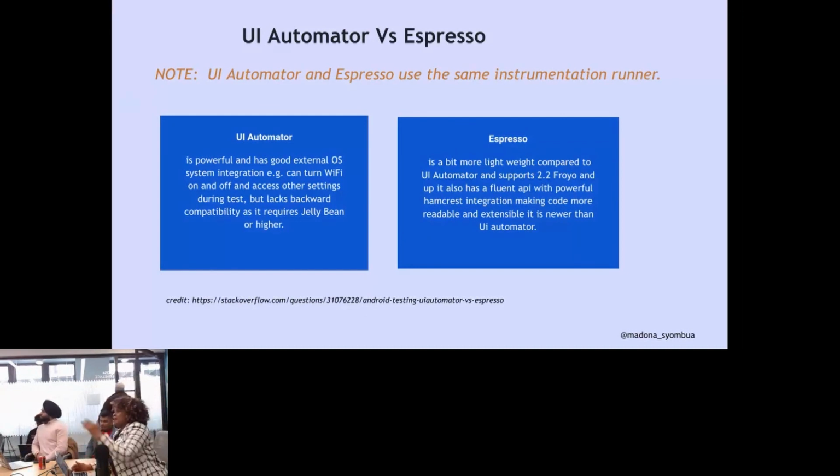I had to bring this. I got this one when I was doing this particular investigation. I got a lot of resources from Stack Overflow, and here we have a great example. If you're confused about UI Automator and Espresso, let me try to unconfuse you. As you can see there, it says UI Automator and Espresso use the same instrumentation runner.